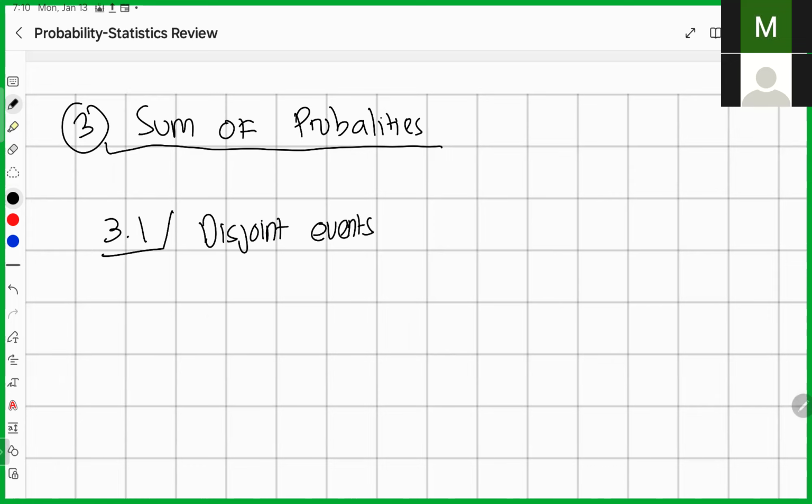It's pretty straightforward. You've seen it many times in high school, for example. It's easy to express this.